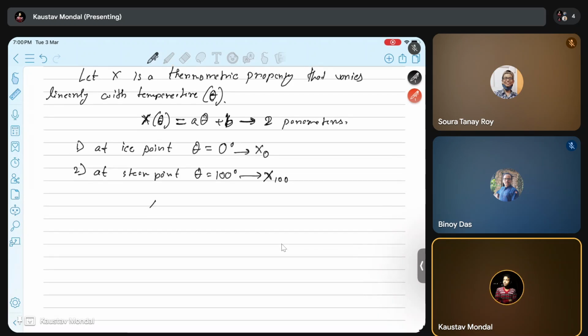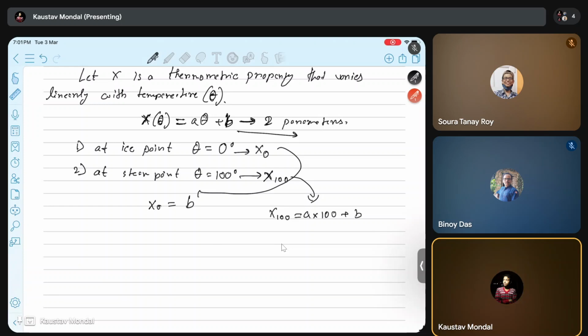At theta equal to 0, from this equation x0 would be b, and from the other equation you get x100 equal to a into 100 plus b.